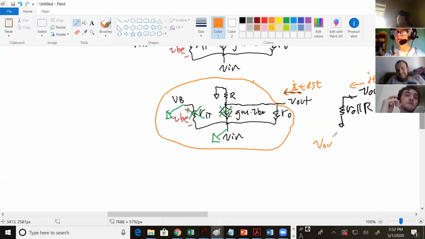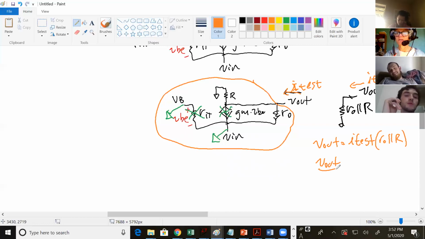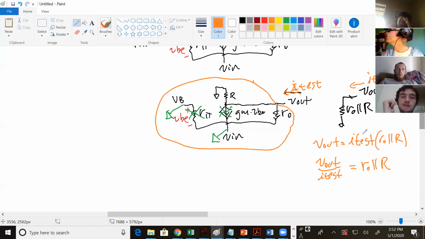I know V equals IR, so I have V out equals I test times RO parallel R. And for R out, I want V out over I test, so I would divide both sides by I test, and I get RO parallel R. If it was a more complicated circuit, this would be the steps you would go through. You'd need to use that I test, put it into the circuit, and see how much the voltage changes.